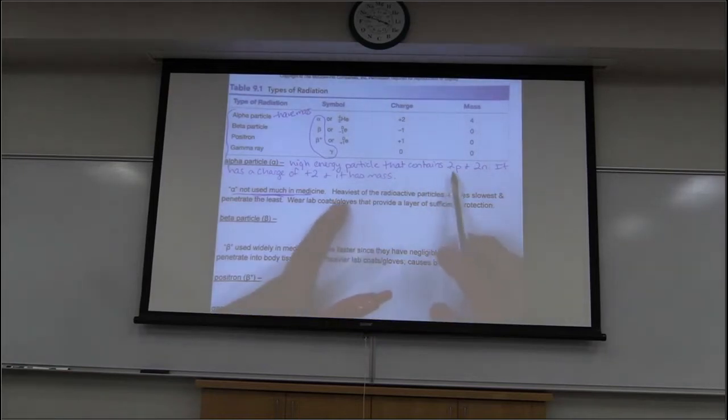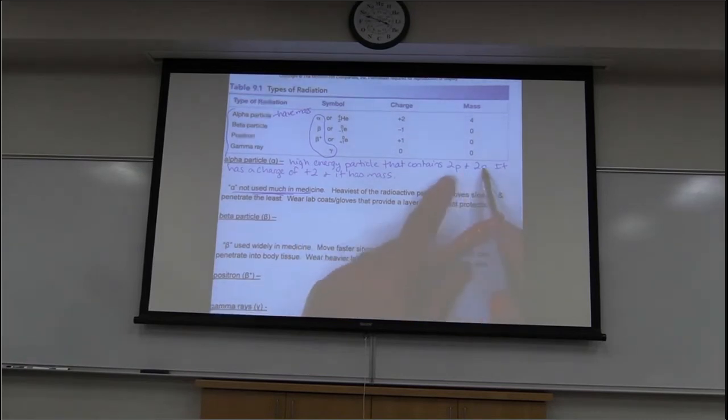Tell me about anything you know about protons. They have a positive charge and they have mass. What would be the charge with 2 protons? +2. What do you know about neutrons? No charge, but yes, mass. So if this has mass and this has mass, the total mass is 4 AMU, yes?